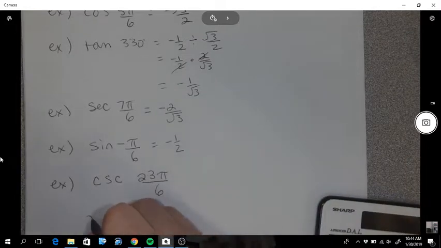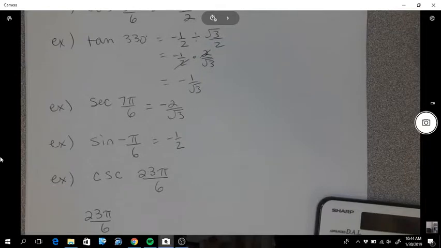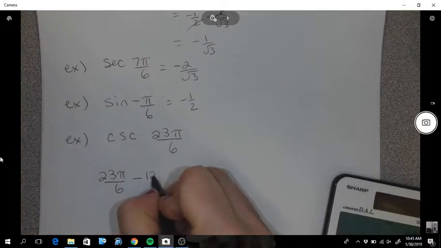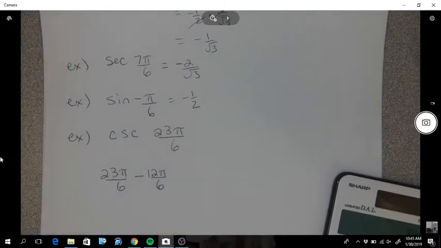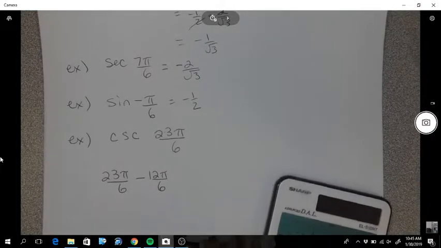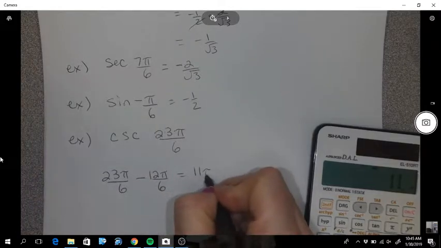So what if we think about taking off 360 degrees? Where do we end up? So taking off 12 pi over 6, right? Because that's 360 degrees. That's 2 pi. So that ends up being 11 pi over 6.